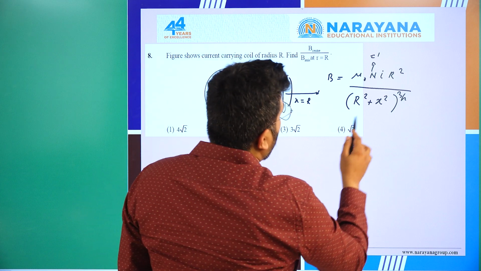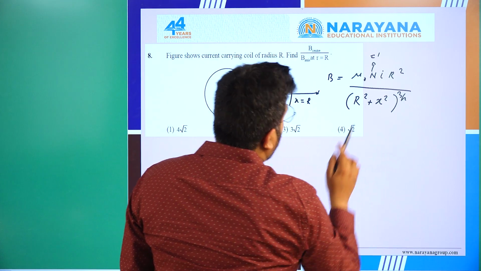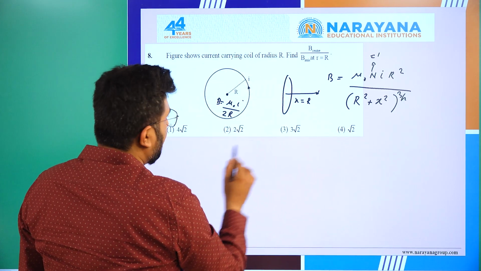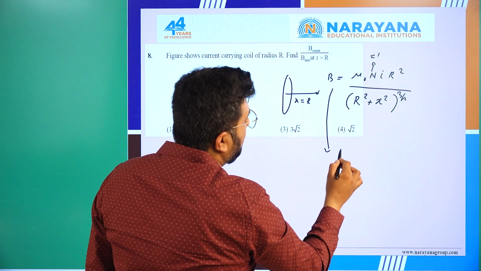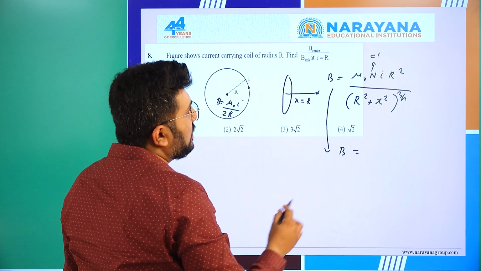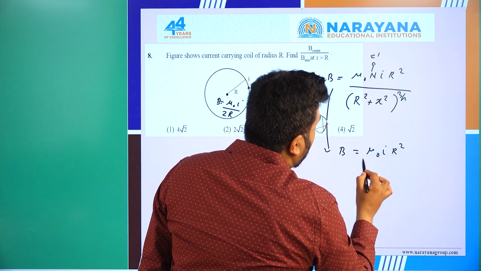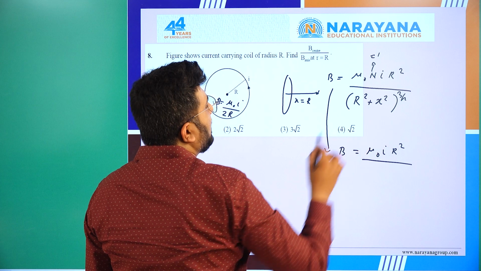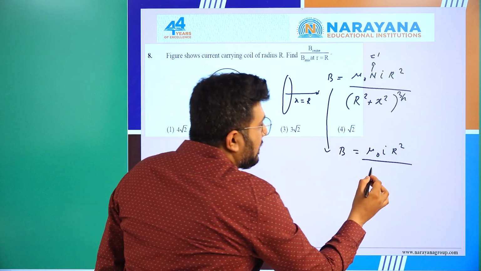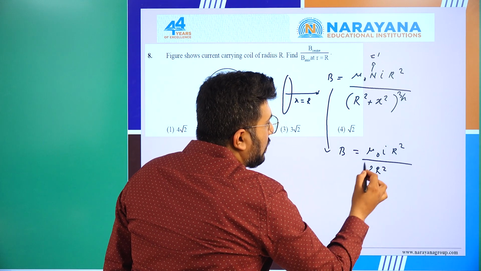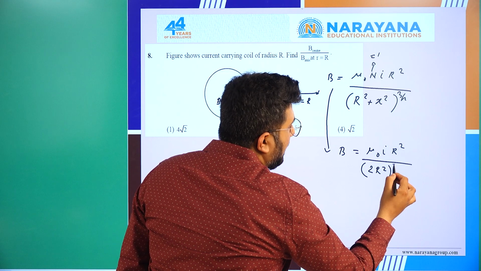Okay, so if I put x equal to r, what will I get? For this case, I'll get B equals mu naught I r square divided by r square plus r square whole power 3 by 2.